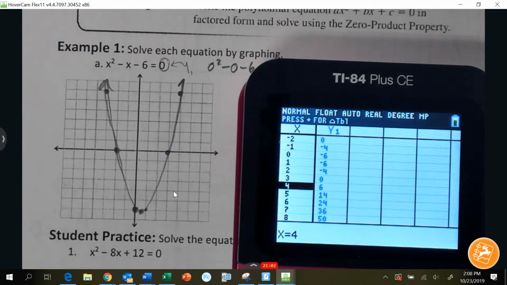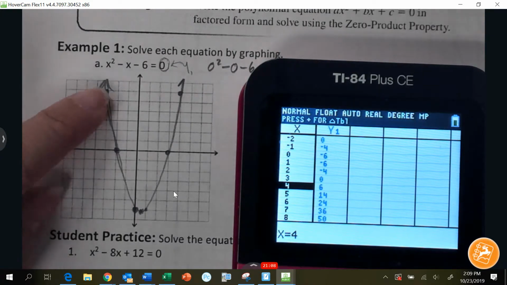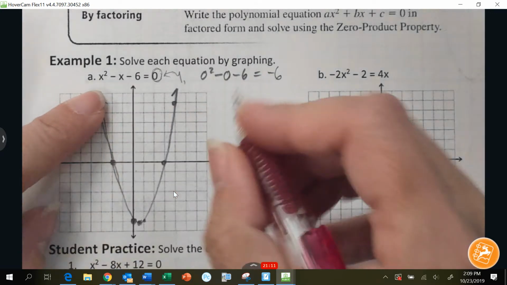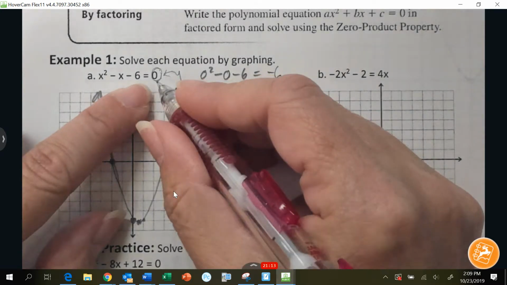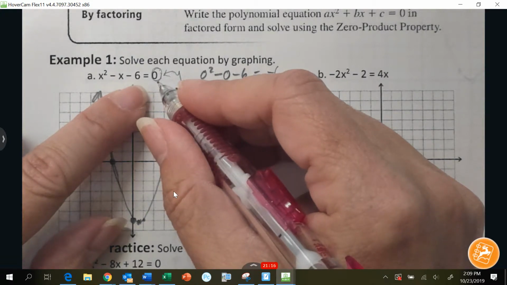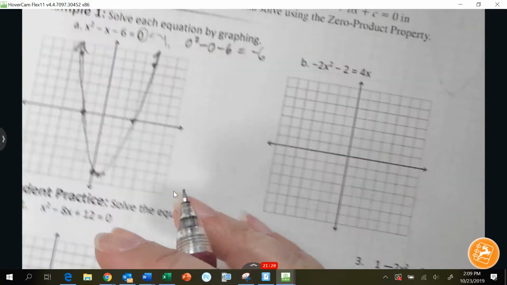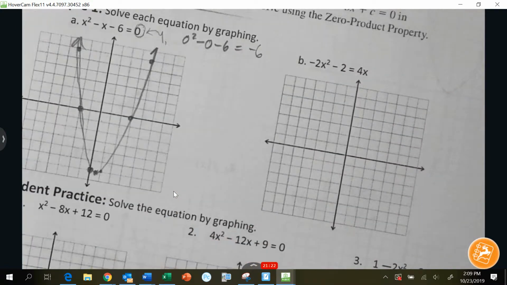Anyway, I just wanted to go over graphing, but our directions are to solve this by graphing. So what we're doing is finding what x goes into this equation and makes it 0. That would take forever. We already know the answer, because all of these things I was talking about earlier are all related.